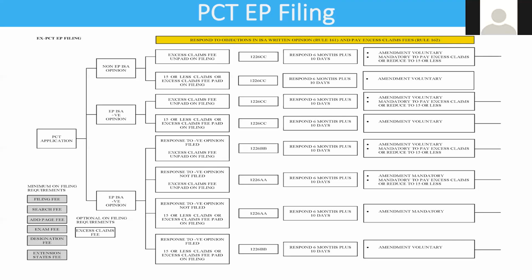Thank you, Christy. It's important to note that in that scenario, the EP was the International Search Authority, and a response to the written opinion has not yet been filed. In that scenario, you can see that the amendments are mandatory. So in the 2 boxes on the bottom right, amendments are mandatory.